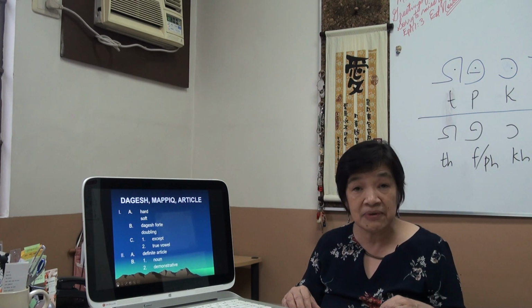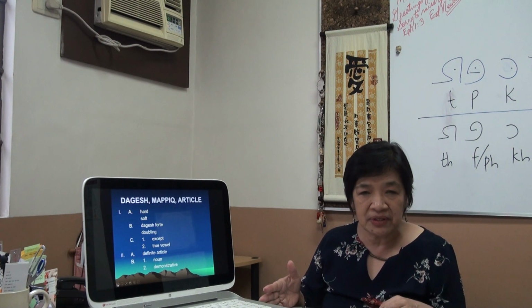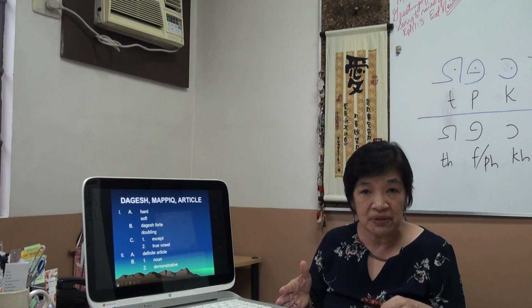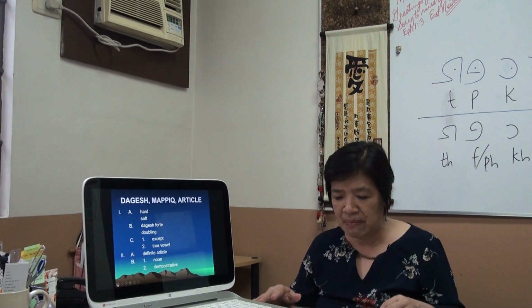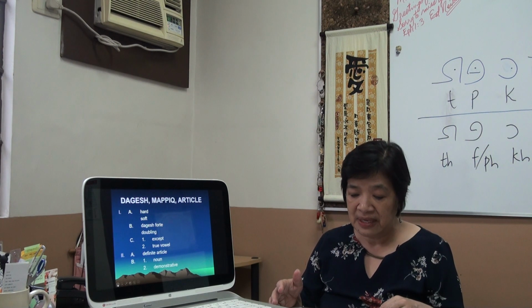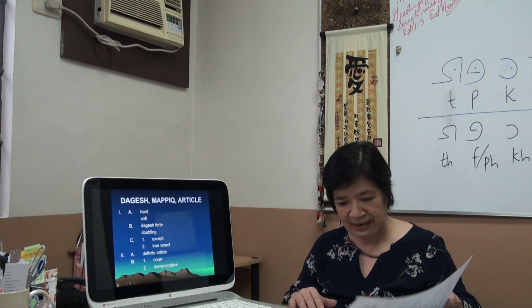So this is the reason behind it. So keep thinking, how do I know if it's a Lene or a Forte on Bagat Kafat letters? If your bet, gimel, dalet, kaf, pay, or tav is preceded by a short vowel, you know that this is a Dagesh Forte, not a Dagesh Lene.